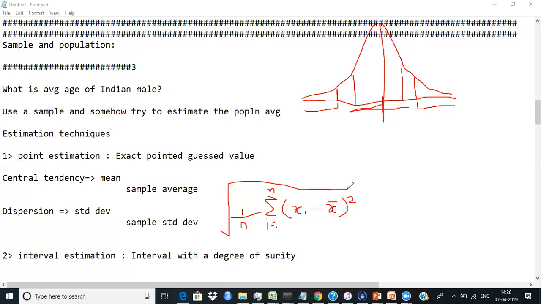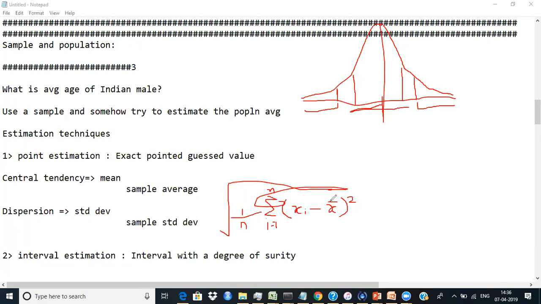Okay, so there are a couple of mathematical symbols that I've used. One is sigma. This sigma stands for summation. This is the sum of all observations, divided by the number of observations, and then the square root of that. Sigma stands for summation.